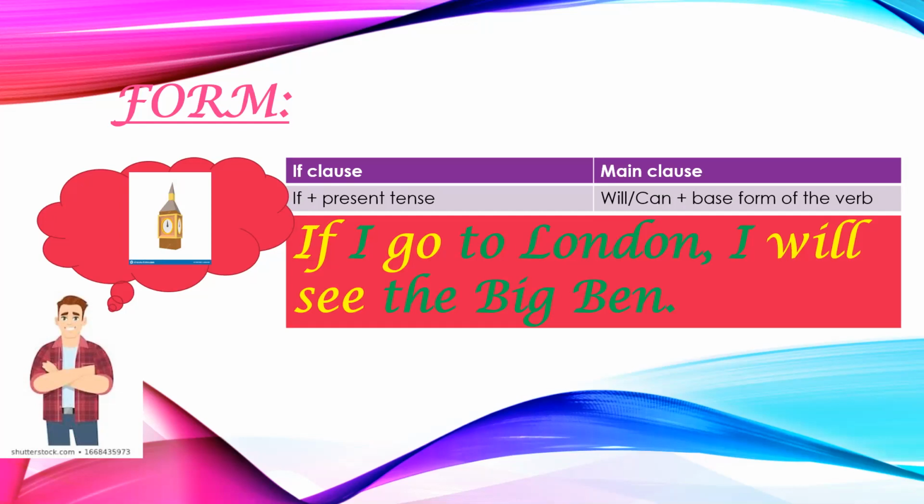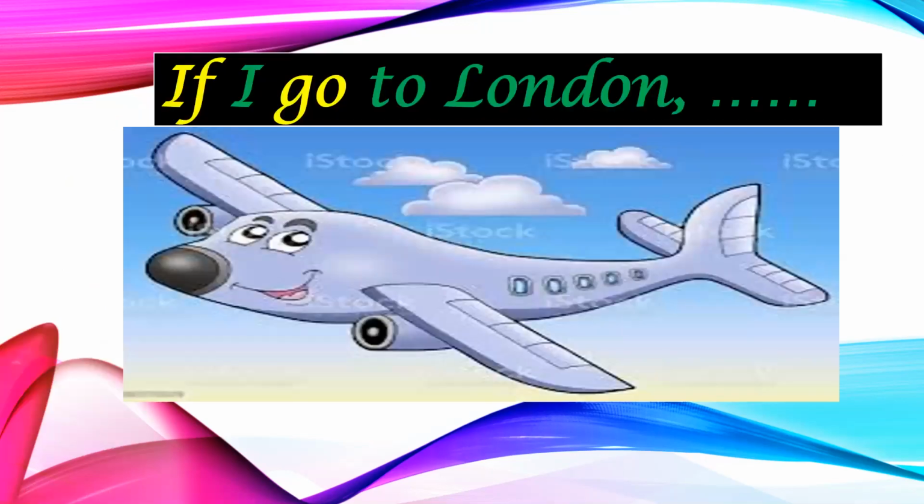If I go to London, I will see the Big Ben. As you can see here, the verb is go, the present simple which follows if. This is the if clause or the if sentence, and the main clause, or the main sentence, is formed by adding will and the infinitive form of the verb.